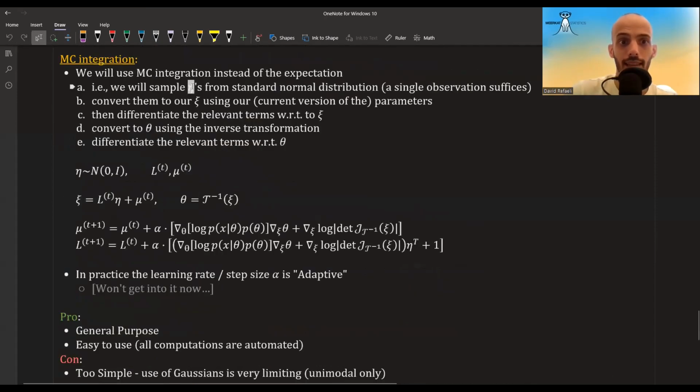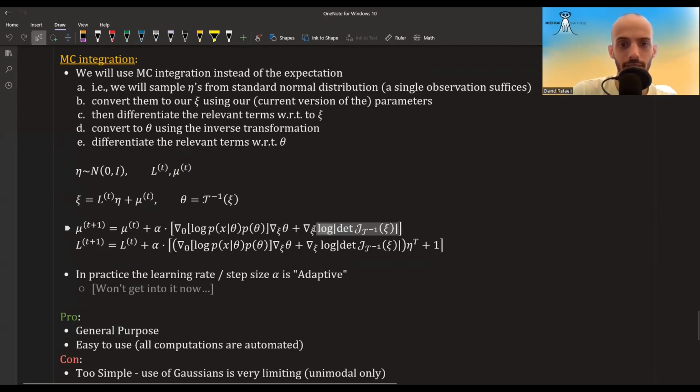We will sample etas from the standard normal distribution, and usually we will sample one observation. We will convert the eta to xi using the current version of the parameters, right? So we have some current version of the parameters, and we will use them to calculate the x's. Then differentiate the quantities over here that are dependent on the x's. Here the Jacobian, as I said, Stan, for example, already has this Jacobian for you, so you don't have to calculate a lot.